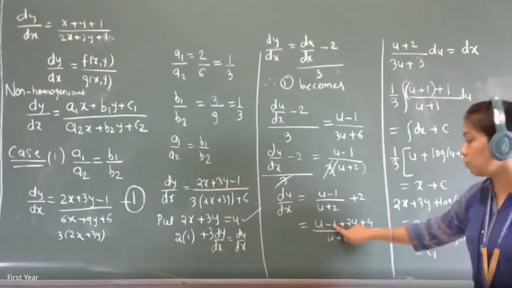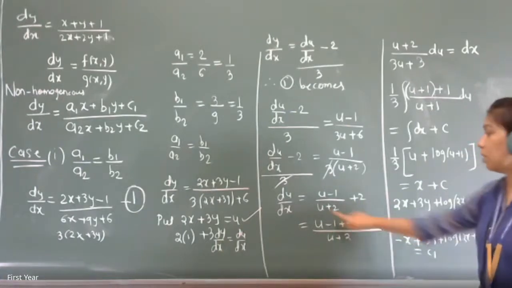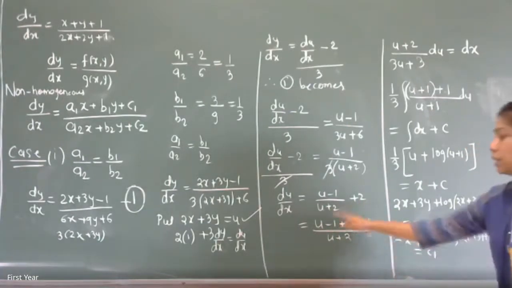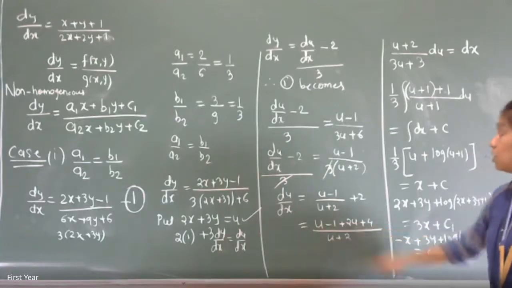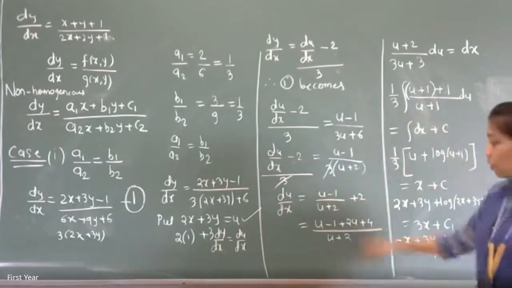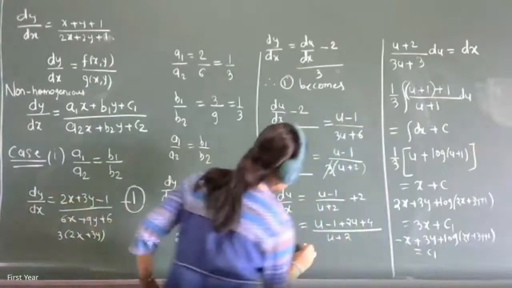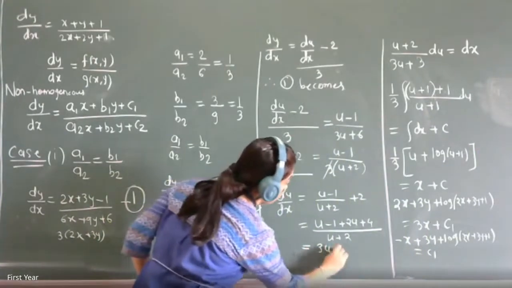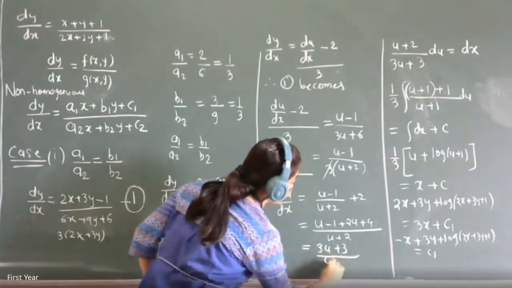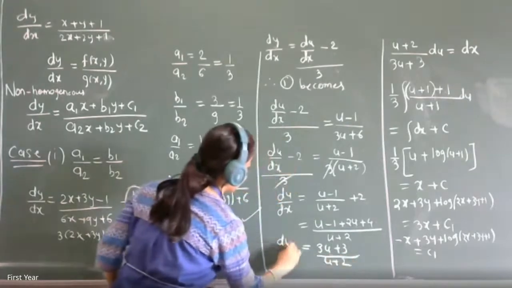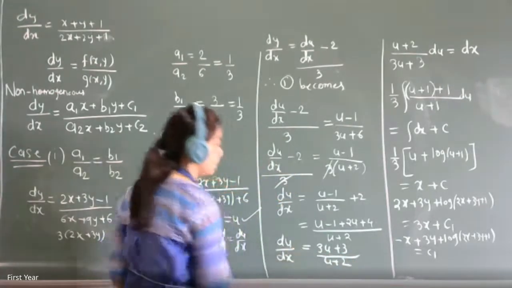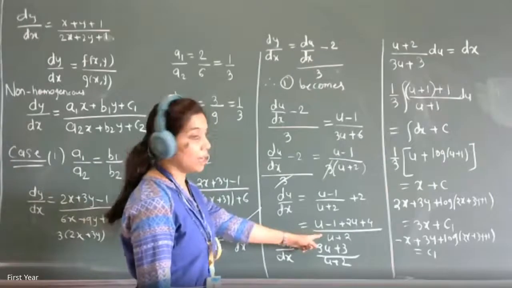So u minus 1 plus 2u plus 4, divided by the denominator. Simplify this. u plus 2u is 3u. I'll write it here. This is 3u plus 3 divided by u plus 2, du by dx. Okay? Let's simplify it.